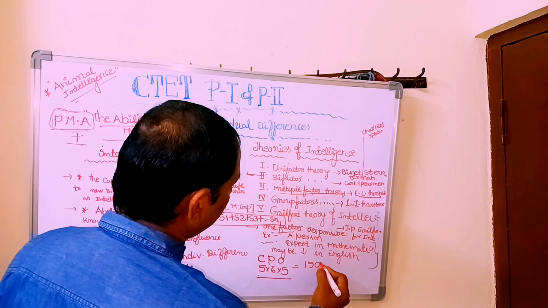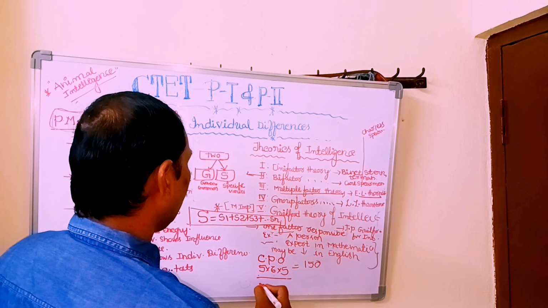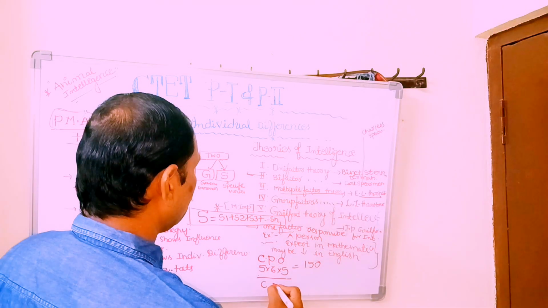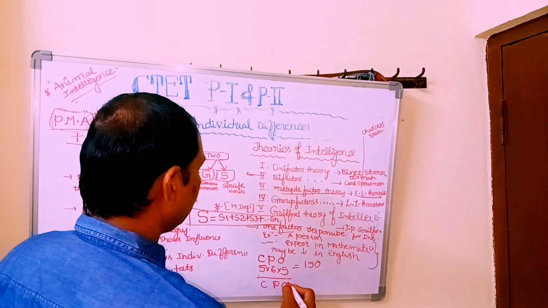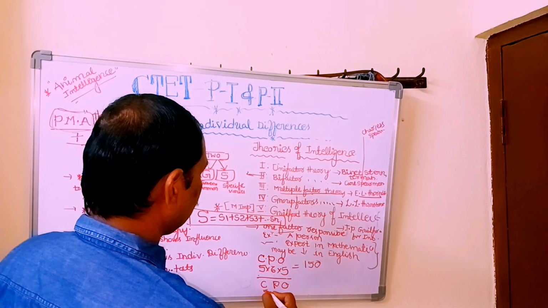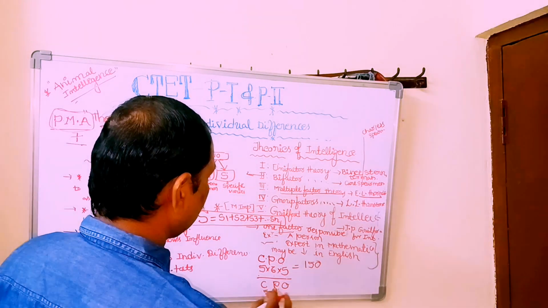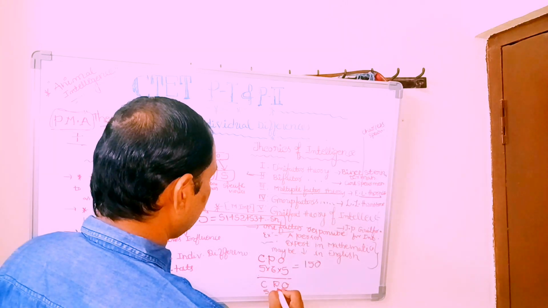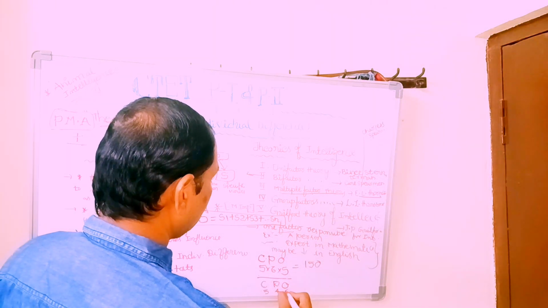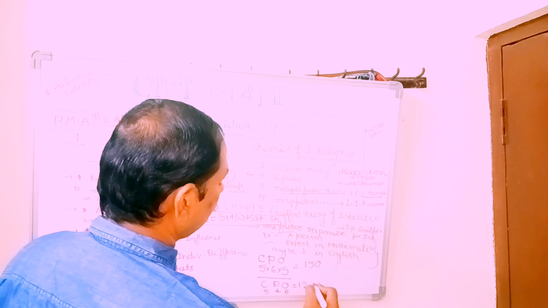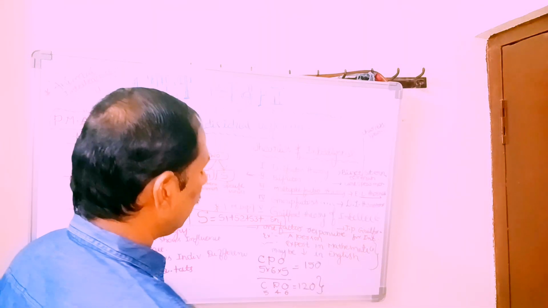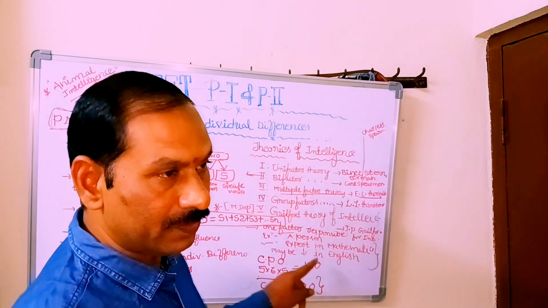That gives 150 factors. In the old version, contents, products, operations gave 120 factors. Old 120, revised 150.